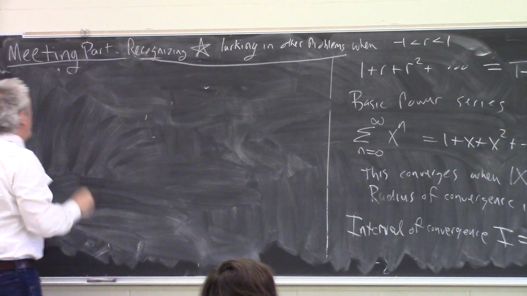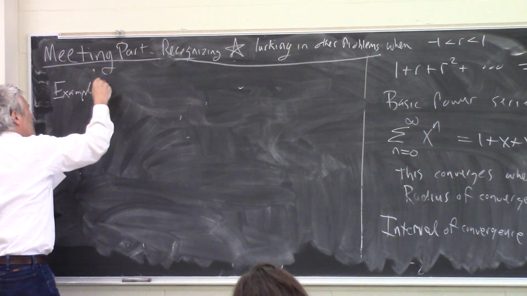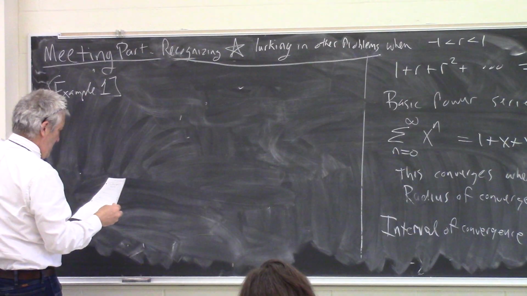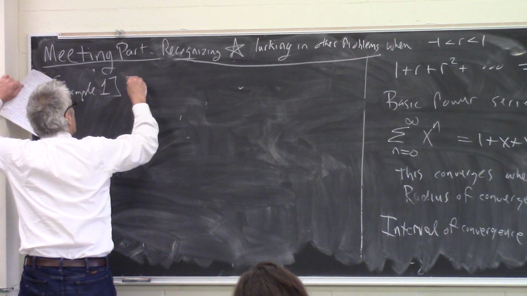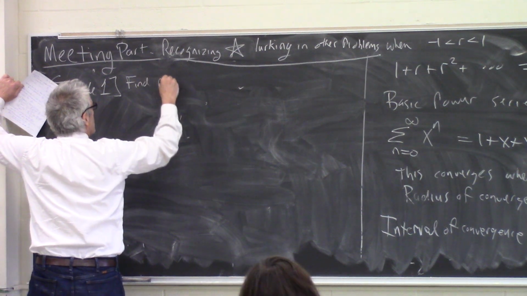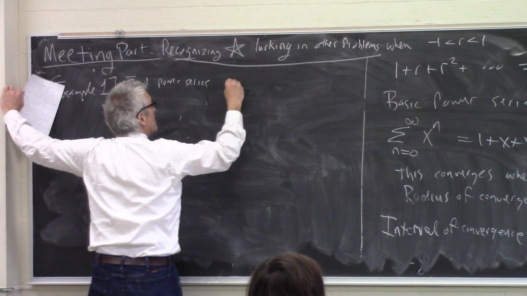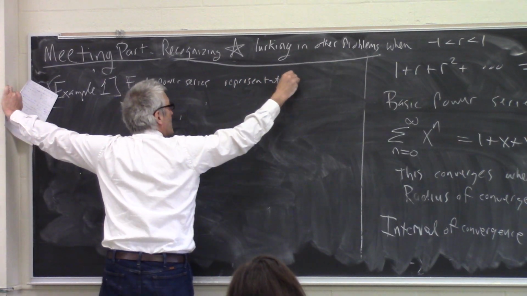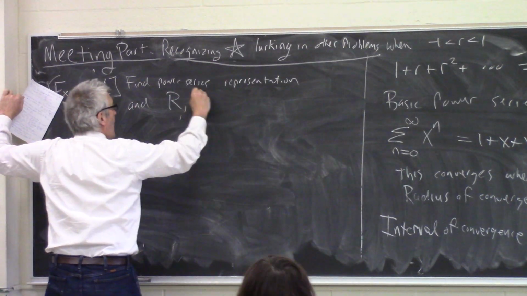So I'm going to do examples. Example 1. Find a power series representation and R and I. Remember what that means.